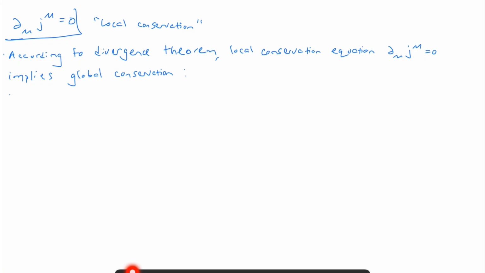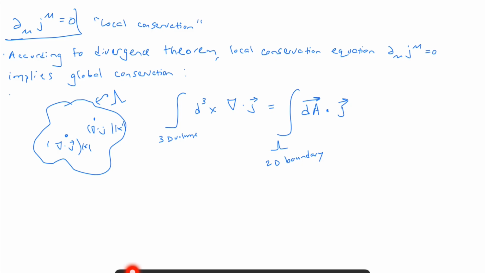Remember, according to the divergence theorem, from multivariable calculus, the local conservation equation d mu j mu equals 0 implies global conservation. Why? Let's say instead of talking about an infinitesimal box, we're talking about a large volume. This is just drawn in 2 dimensions, but imagine this is a surface in 3 dimensions that's enclosed.